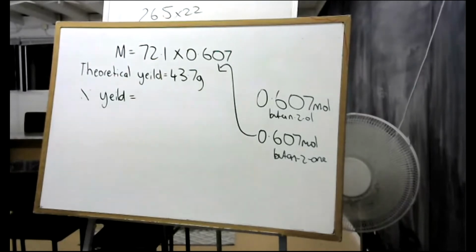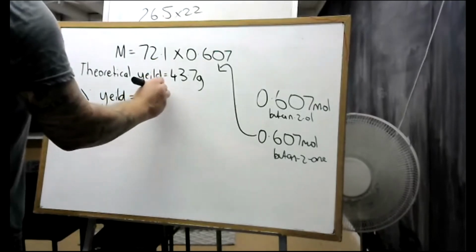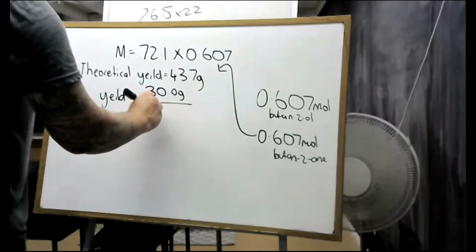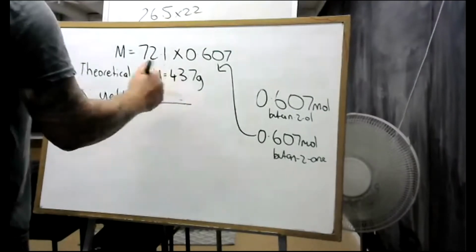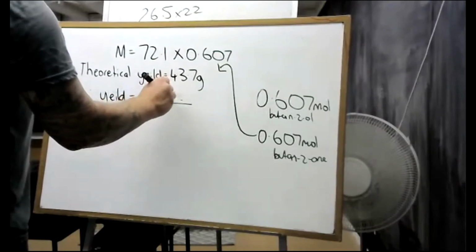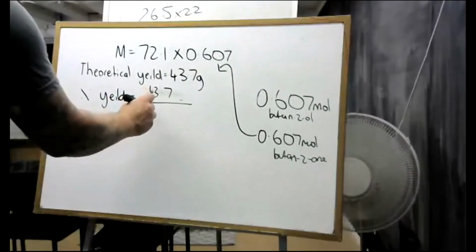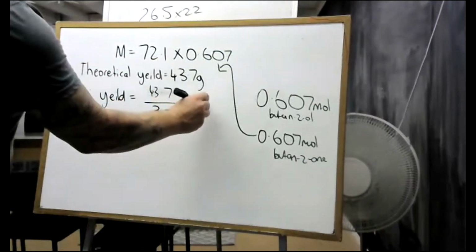So we got 30. So to calculate that, we do the actual yield of 43.7 over 30 times by 100.